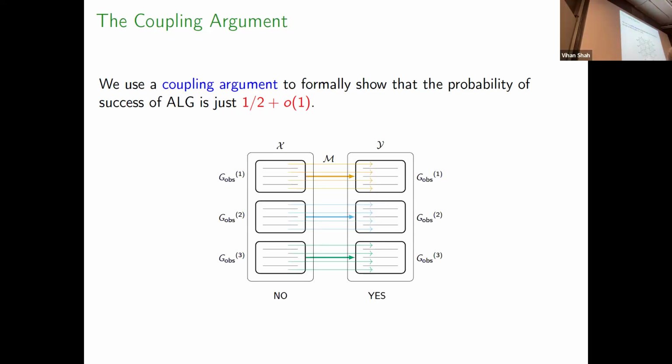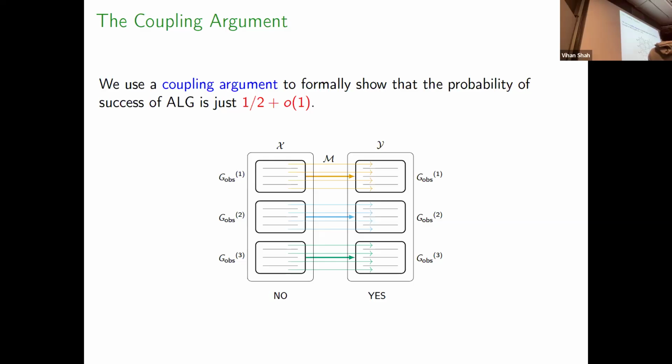Okay, so this is what the picture looks like. Over here, I've drawn all the no instances. Every node in this graph is a no instance, and every node in this graph is a yes instance. When the algorithm makes all its queries, it's going to see some observed graph. Since the algorithm does not make a lot of queries, let's look at this observed graph called GOBS1.